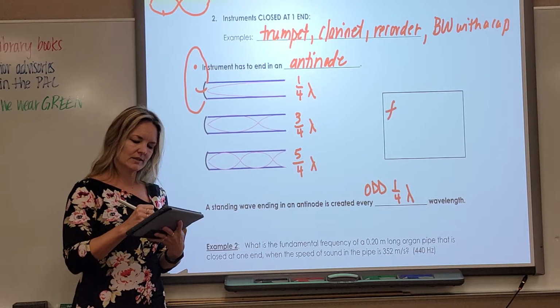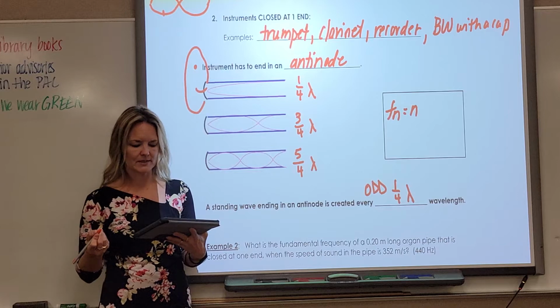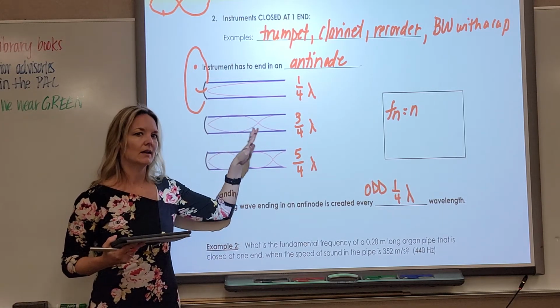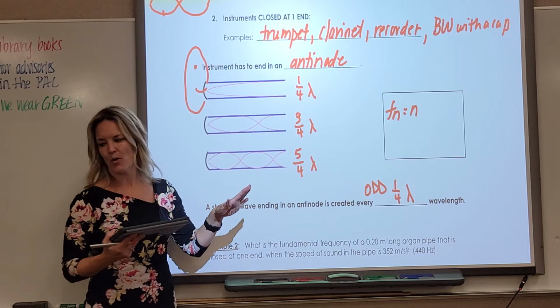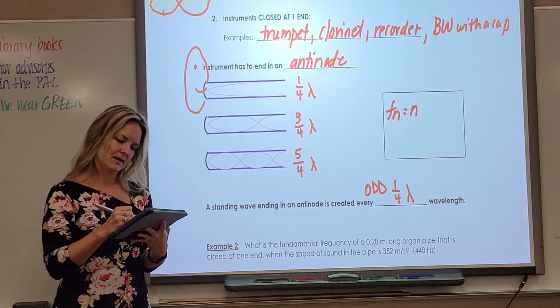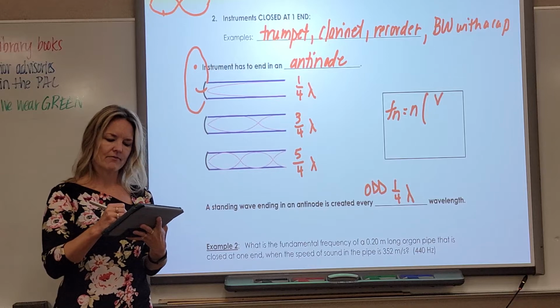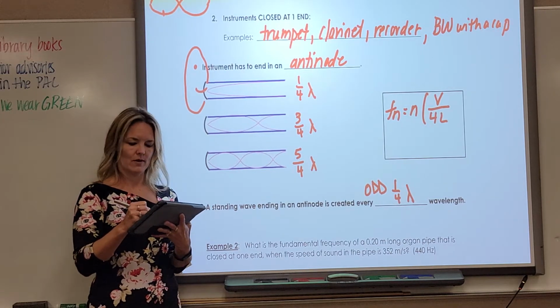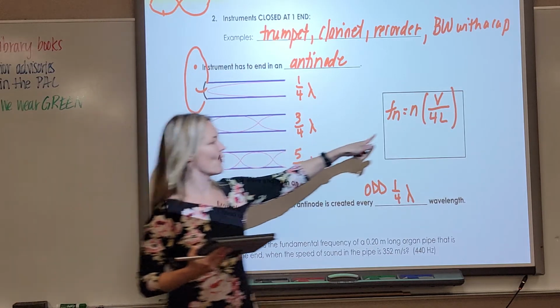All right, the equation starts the same. The frequency of the vibration, or the harmonic frequency, is equal to the harmonic n, and 95% of the time that's going to be a 1, times v, and this time it's going to be 1/4 of a wavelength, so it's over 4L.